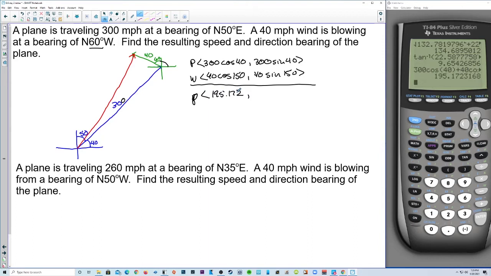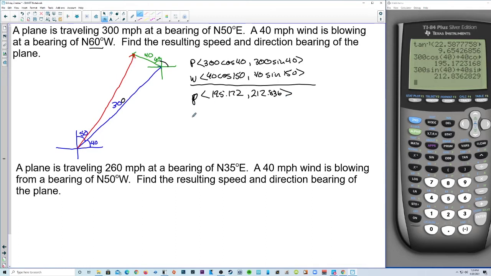But we're going to go grab those numbers. And then we have 300 sine of 40 plus 40 sine of 150. And that's 212.836.